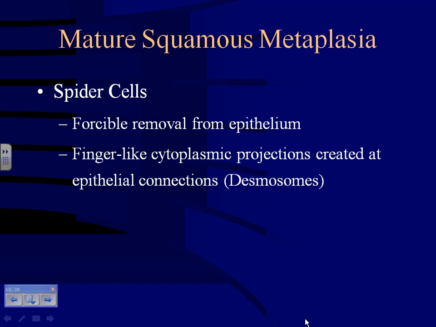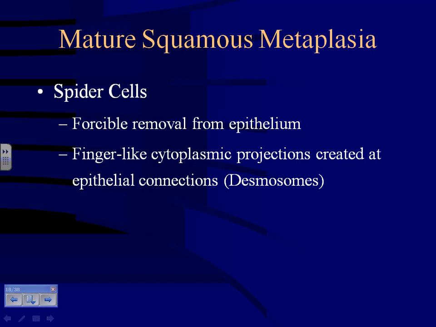Now, one thing that these mature squamous cells like to do, especially when they're forcibly removed from the epithelium, is that removing cells from the epithelium is kind of a traumatic event for them. It's not that it hurts or anything, but it's traumatic to the epithelium to be pulled from its tissues. And these metaplastic cells, more so in conventional smears rather than liquid-based cytology, really like to retain their connections with each other.